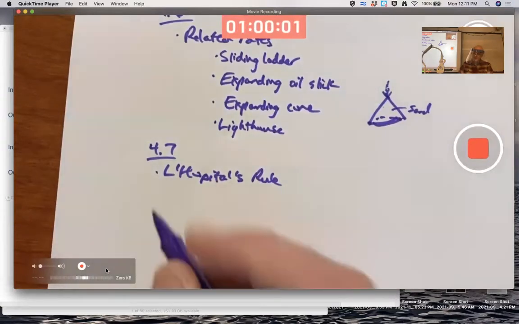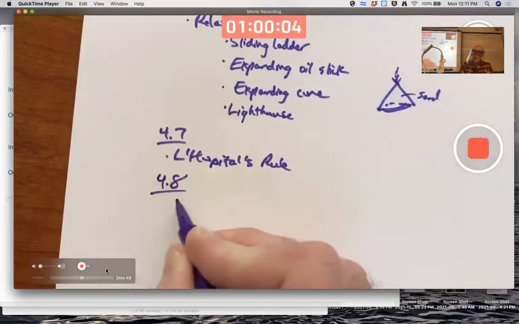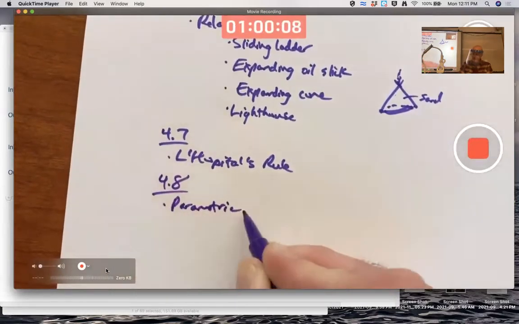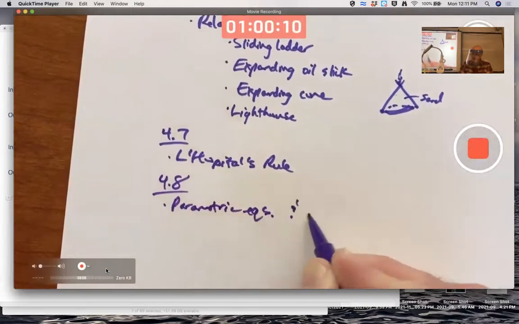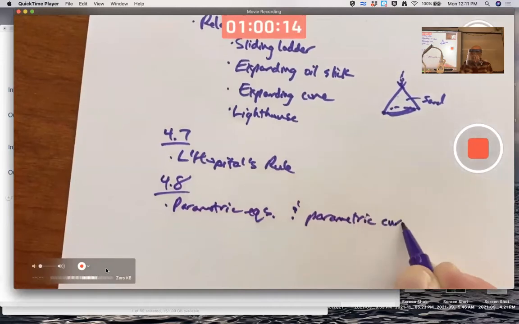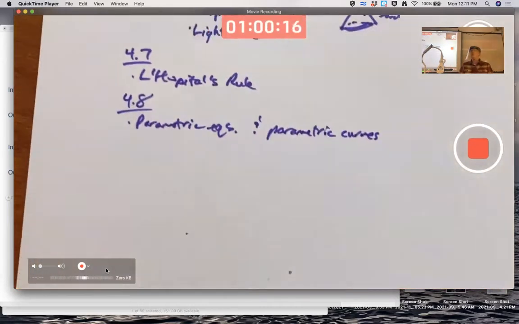Parametric equations was section 4.8. Parametric equations and parametric curves. I do like the sample problem that I went over on the video. It's similar to an example we did in class. In fact, I think it was the exact same example we did in class.